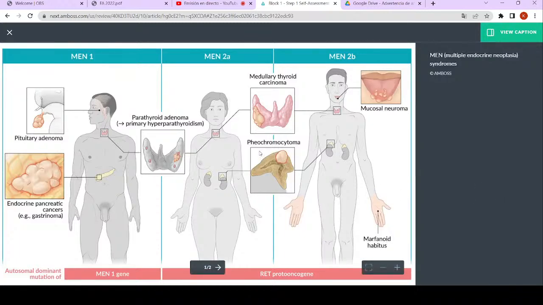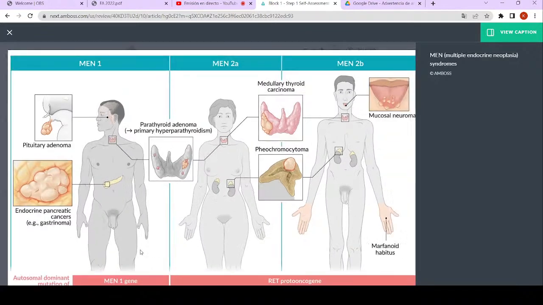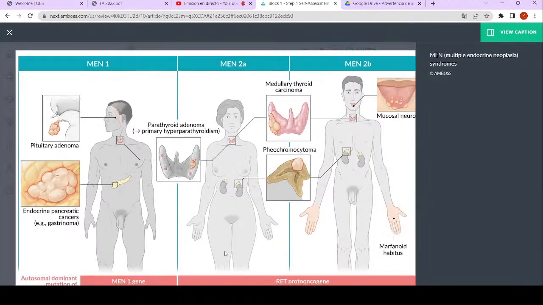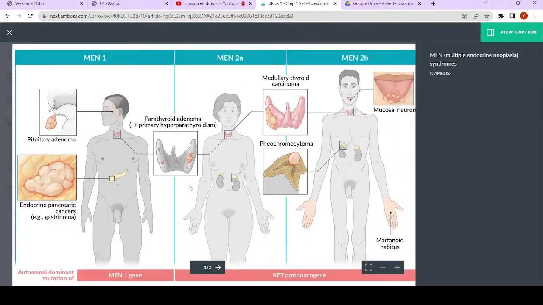I just want to put the picture. Yeah. So here we are, the MEN. That's something I was telling you. MEN 1 is because of a mutation of the MEN1 gene.